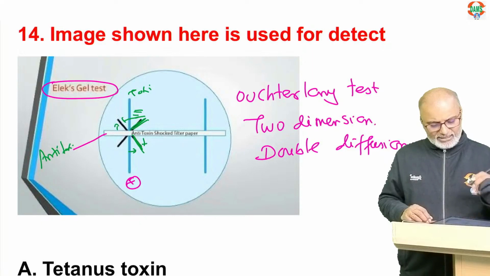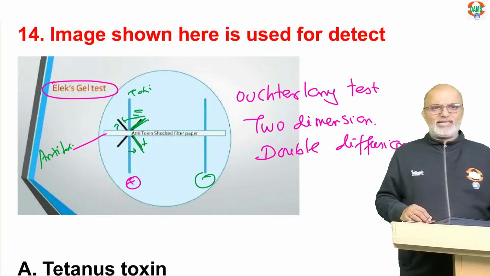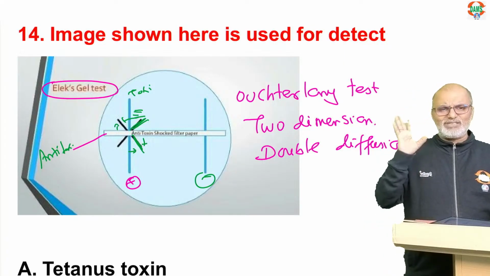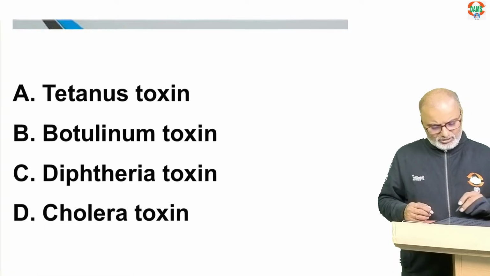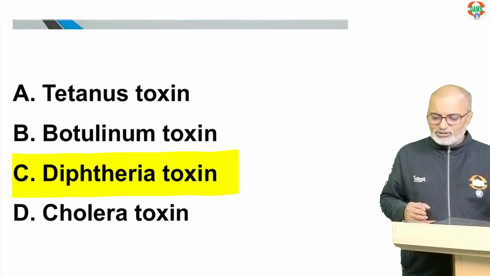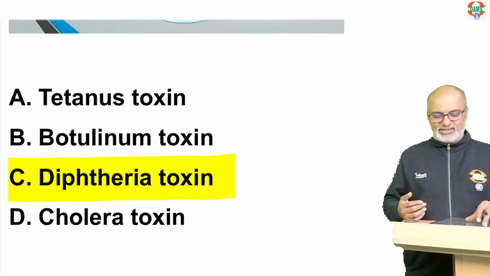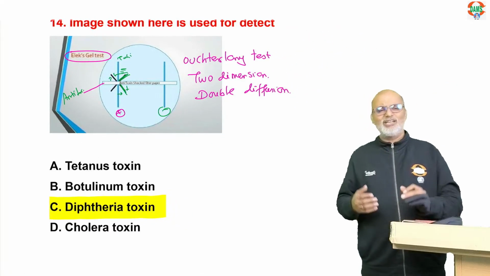It is positive, it is negative. So we are detecting Corynebacterium diphtheriae toxin. We are using Elek gel precipitation test. Gel precipitation test. Old test.